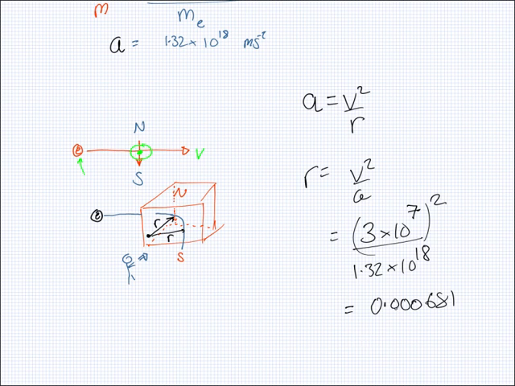Centi. Okay, 10 to the minus 4, isn't it? So it's 681 micrometers.